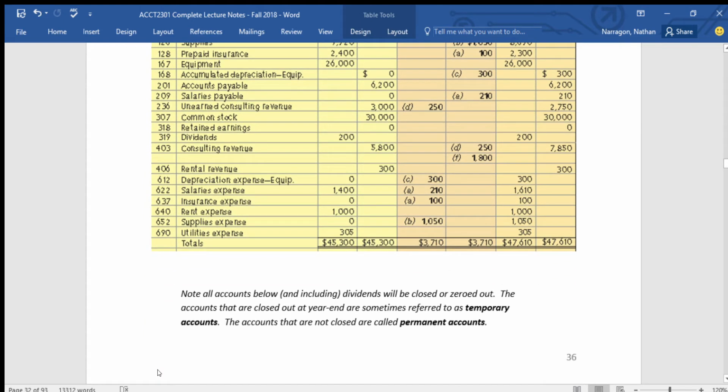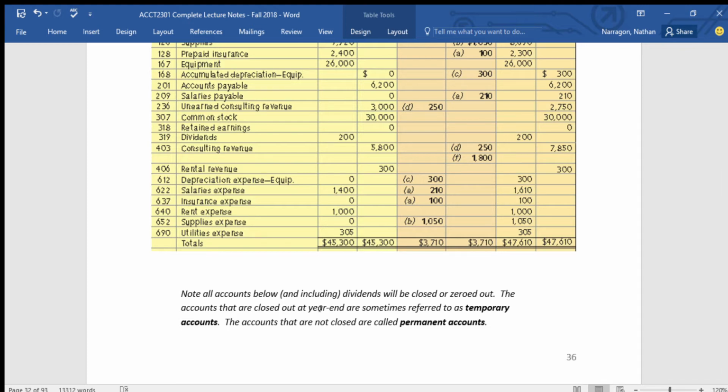So, in order to do this, we're going to start with the first account, which is revenues. But I like this little note here. Accounts that are going to be closed out have another term, which is known as temporary accounts.